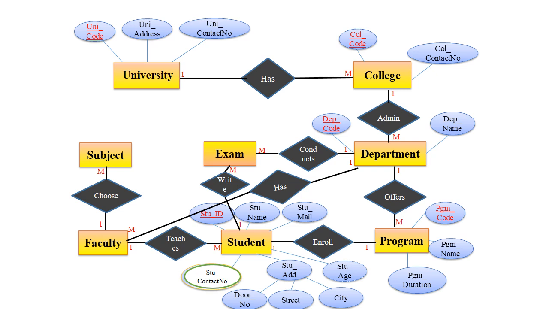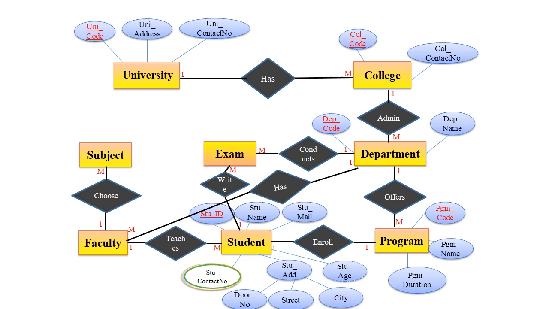Now here the student address is a composite attribute because student address is composed of roll number, door number, state, and city, like that. And the student age is a derived attribute because the age is derived from date of birth. The student contact number is a multi-valued attribute because students will give many contact numbers.